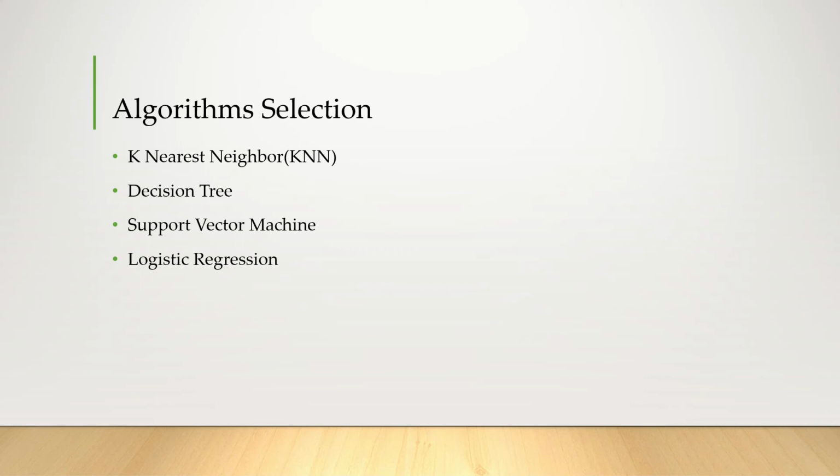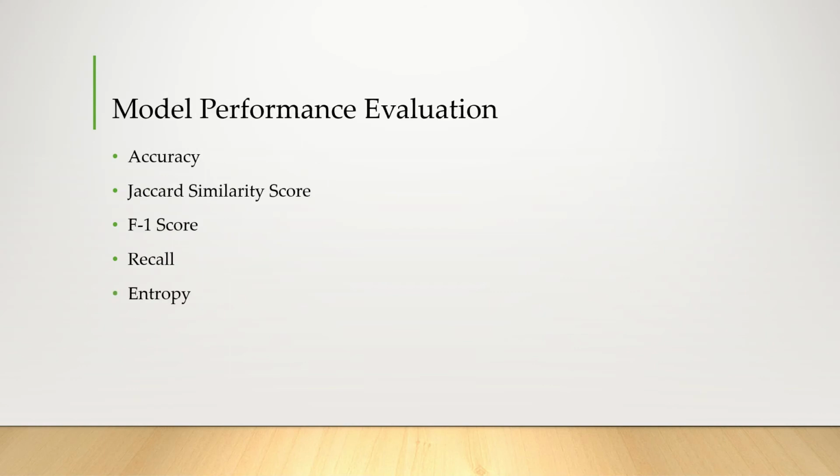Our loan payment prediction is a classical classification use case, so we are choosing these four algorithms and will choose the best one as the final model. For model performance evaluation indicators, we are choosing accuracy, Jaccard similarity score, F1 score, recall, and entropy to evaluate our models.